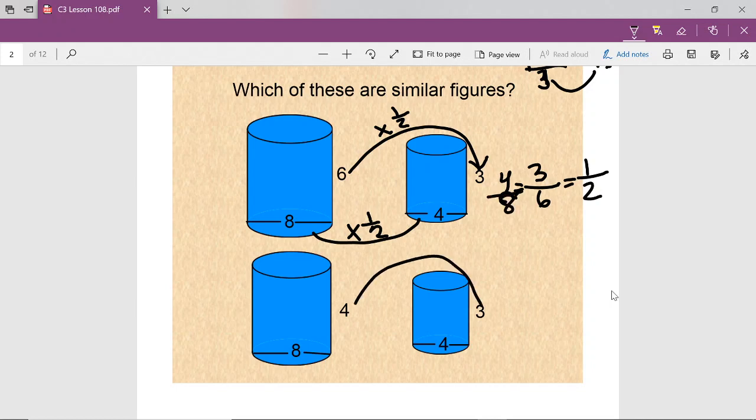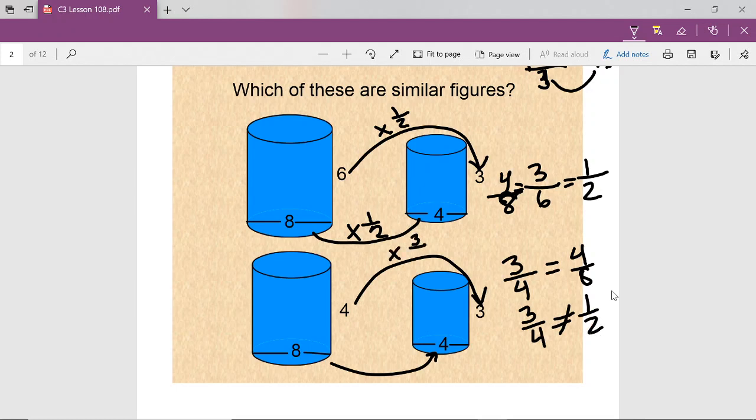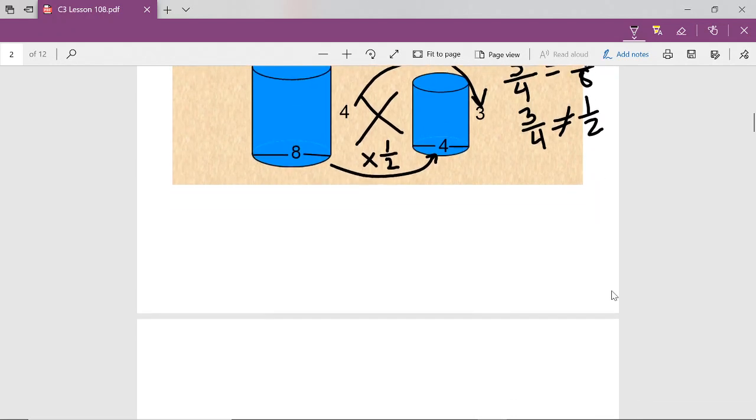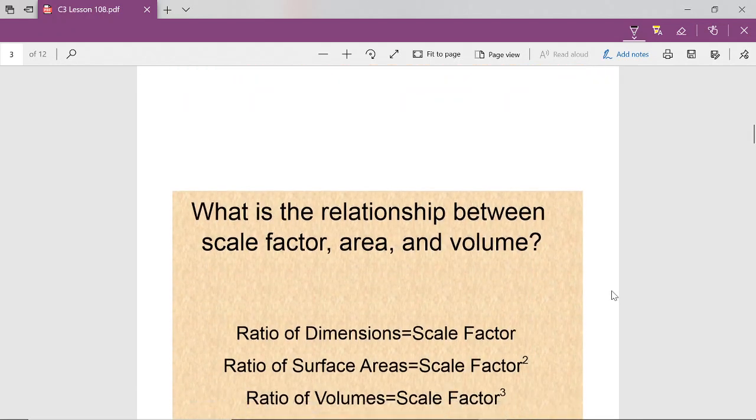Going from big to small, is 3/4 equivalent to this relationship here, 4 over 8? No, those are not equivalent. 3/4 is not equivalent to 1/2. So these are not similar figures. Well, the first one is. So we're looking for that same scale factor between all of the side lengths.